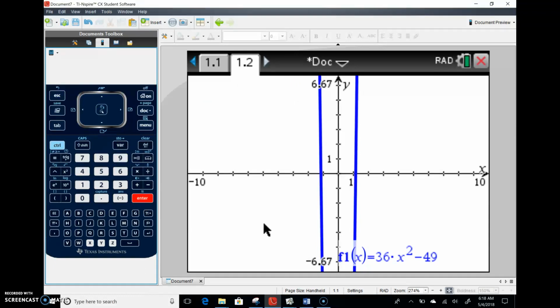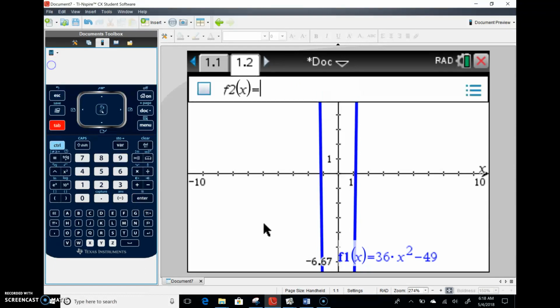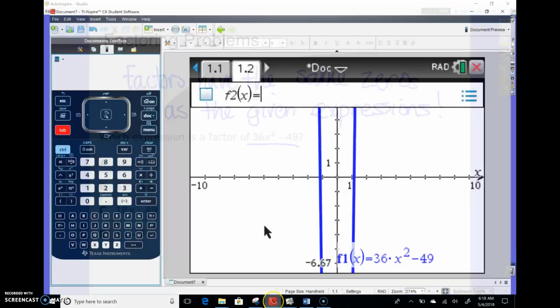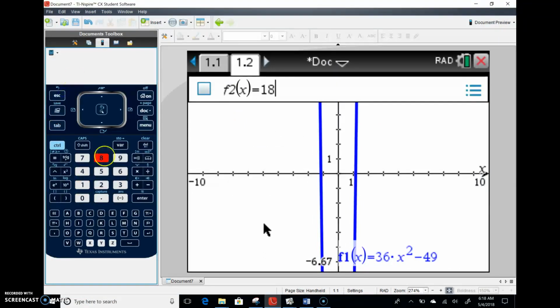Okay, I graphed it. Now the next thing I'm going to do is just graph my answers. So let me look at my answer choices. 18x minus 7, 6x minus 49. 18x minus 7.